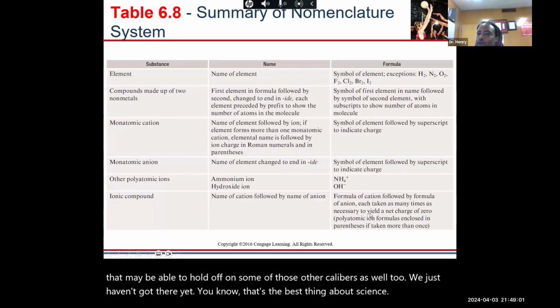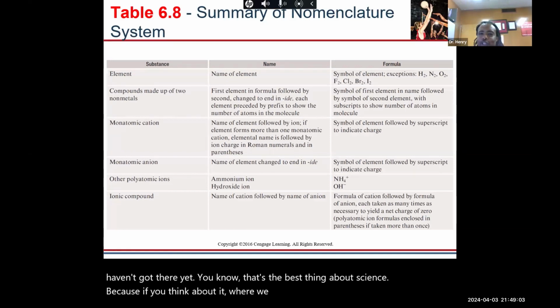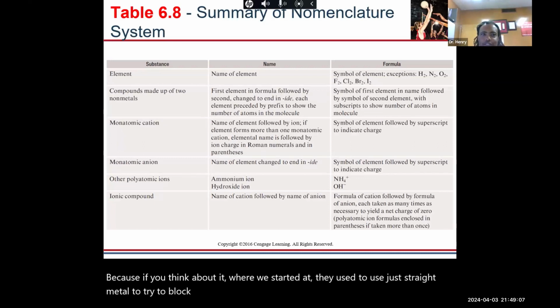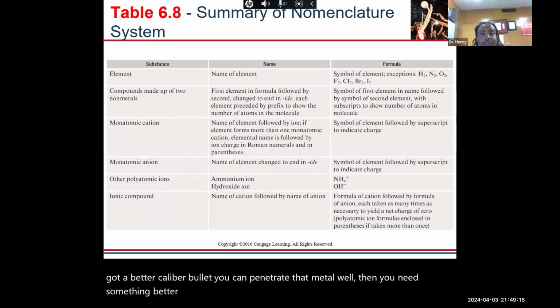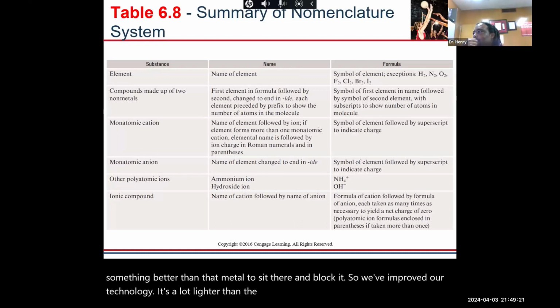Because if you think about it, where we started, they used to use just straight metal to try to block off bullets and things to that extent. And they found out, well, if you got a better caliber bullet, you can penetrate that metal. Well, then you need something better than that metal to block it. So we've improved our technology. It's a lot lighter than the metal, a lot more effective at preventing the bullet from going through.